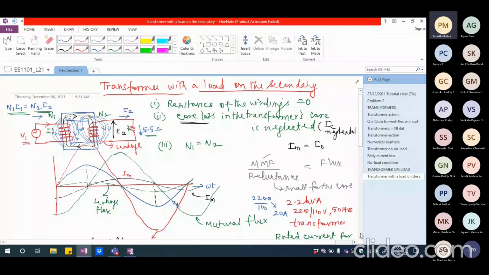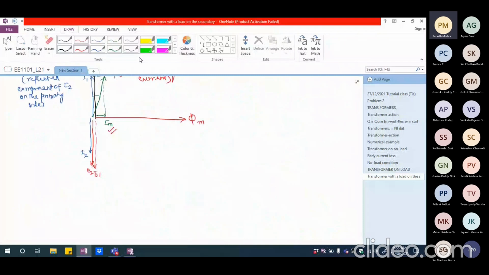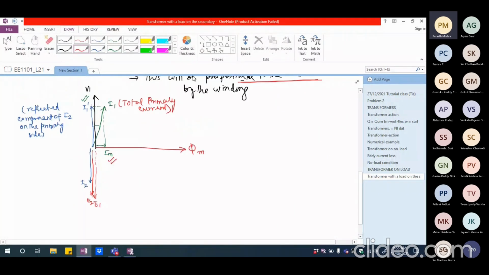That is the reason why generally when we draw the transformer, we say that this is the primary winding and this is the secondary winding, and what it has as the induced EMF is E1, and what this has as the induced EMF is E2, and we are going to have E1 by E2 equal to N1 by N2.